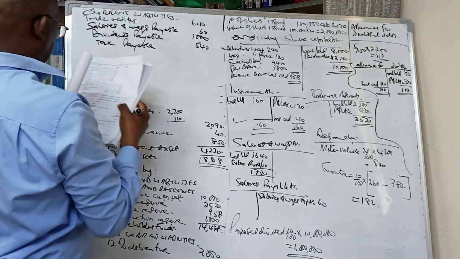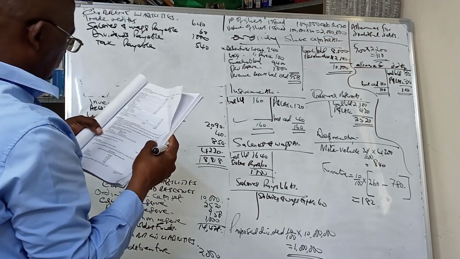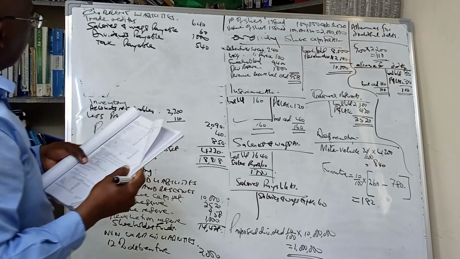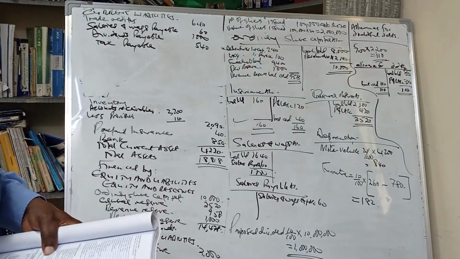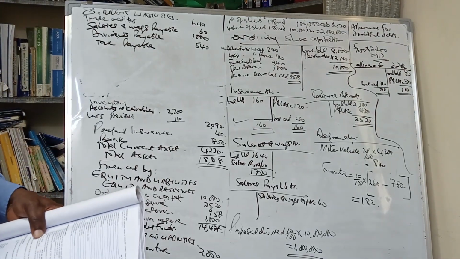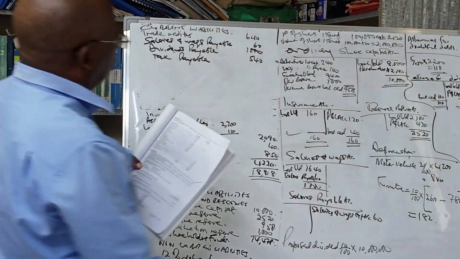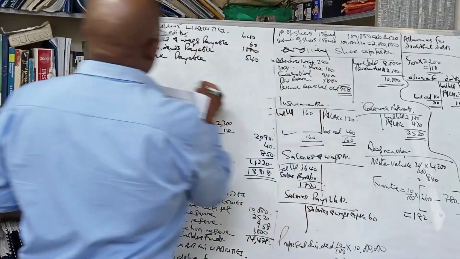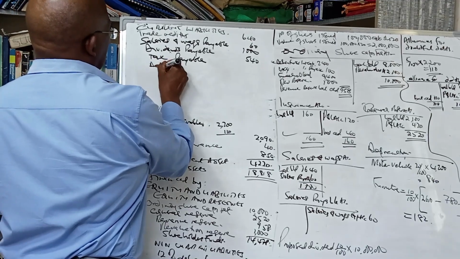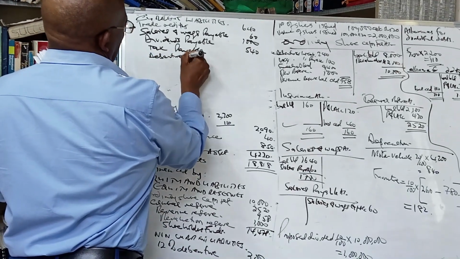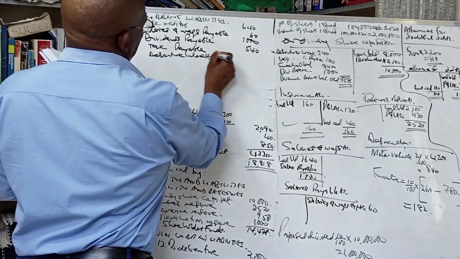Yes, I think those appear to be all, but we also talked about debenture interest payable of 100,000.